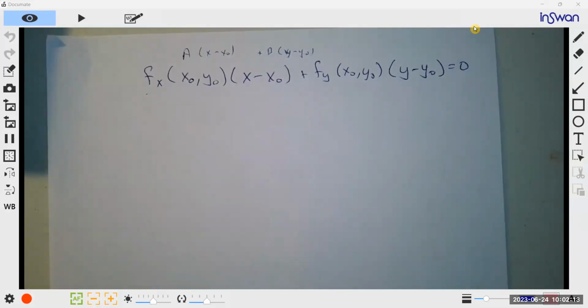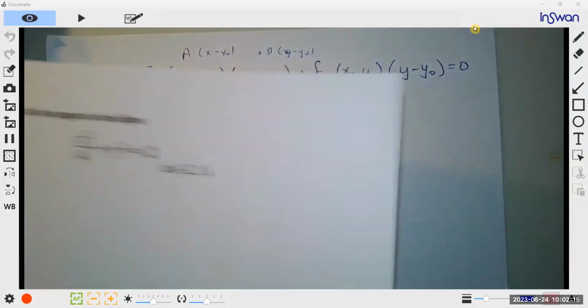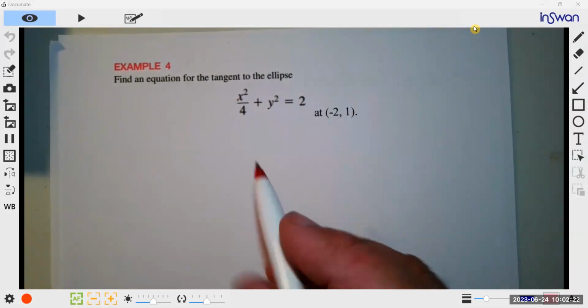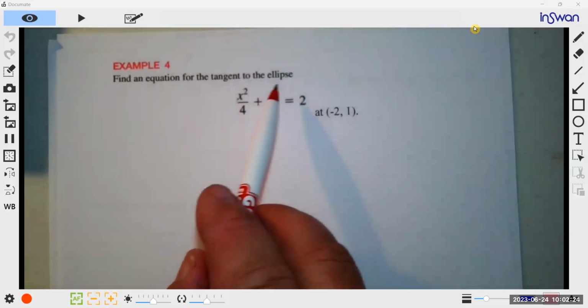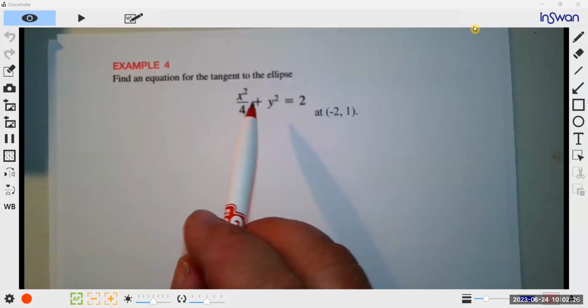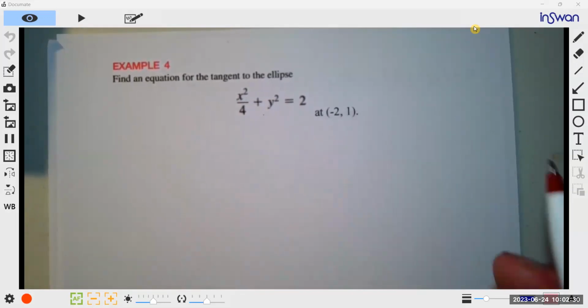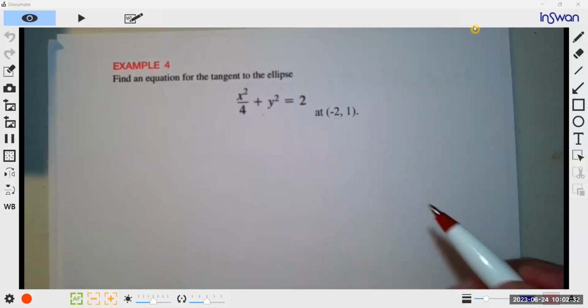Let's look at an example here. Find the equation of the tangent to the ellipse x squared over 4 plus y squared equals 2 at the point -2, 1.